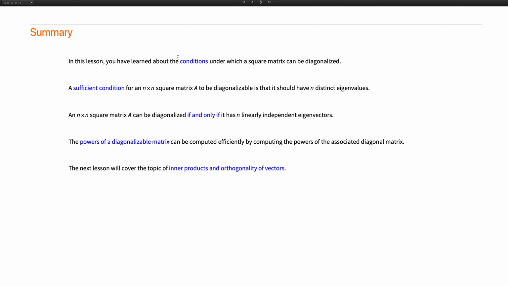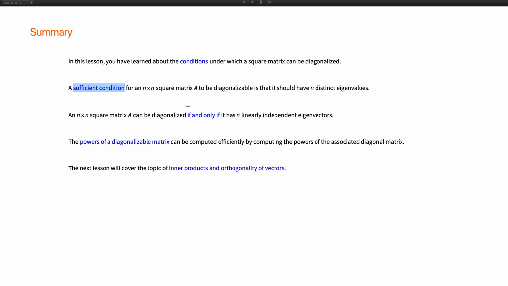Okay, so that is the end of this lesson. In this lesson, we've talked about the conditions under which a square matrix can be cast into diagonal form. A sufficient condition for that to happen is that you must have n distinct eigenvalues.